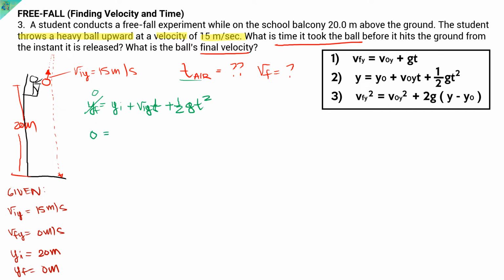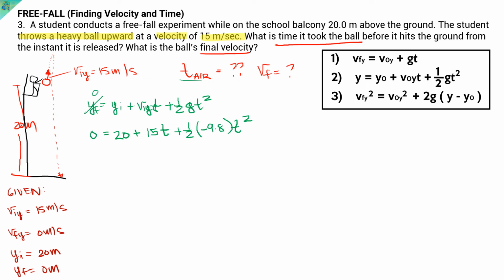Our initial position is still 20 meters plus our initial velocity. This time it's not 0, it is 15 meters per second. So let's write it down as 15 multiplied by t, because we're trying to search for t, plus 1/2 negative 9.8 t squared.